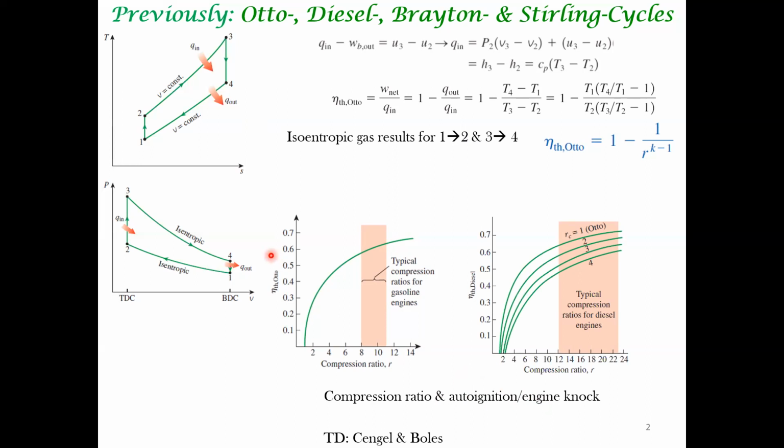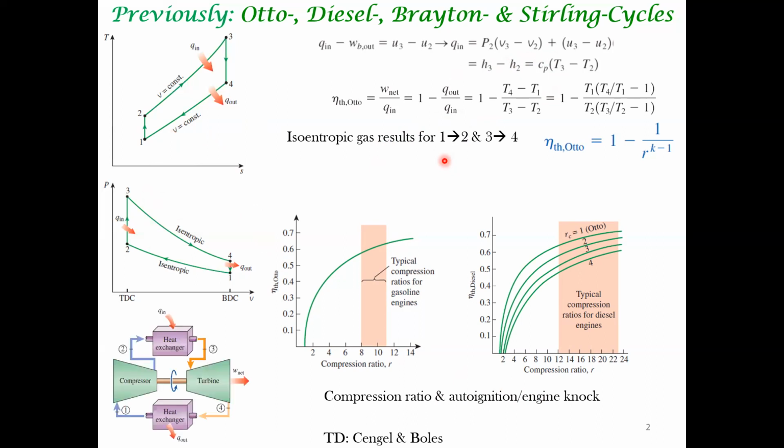But the diesel engines are of lesser efficiency, and for the analysis of the diesel engine, we follow the same procedure. You have two plots, the TS plot and the PV plot, apply first law balances, apply isentropic gas results, and obtain an expression for efficiency. Finally, we saw a steady flow system. This is the Brayton cycle.